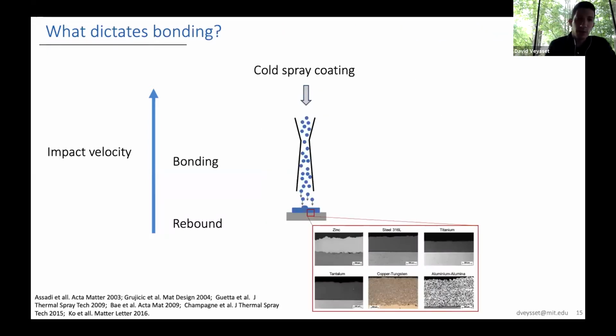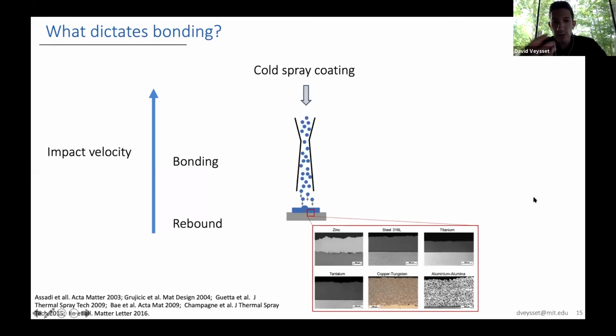So there's no energy loss. Now, as we increase the impact velocity, we enter the bonding regime, and this bonding regime has been demonstrated in industry, and that's at the basis of the cold spray method. In the cold spray method, you repeat these bonding events, so that after a repetition of these impacts, you can build coatings, or you can manufacture 3D pieces.